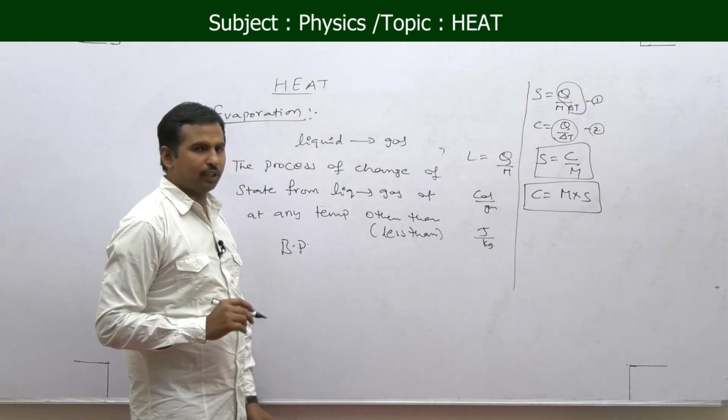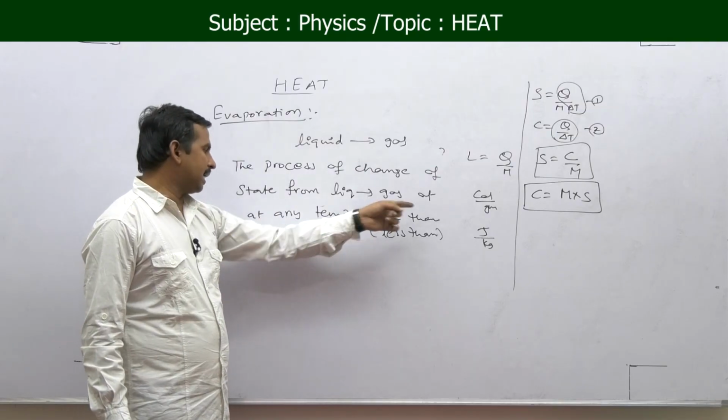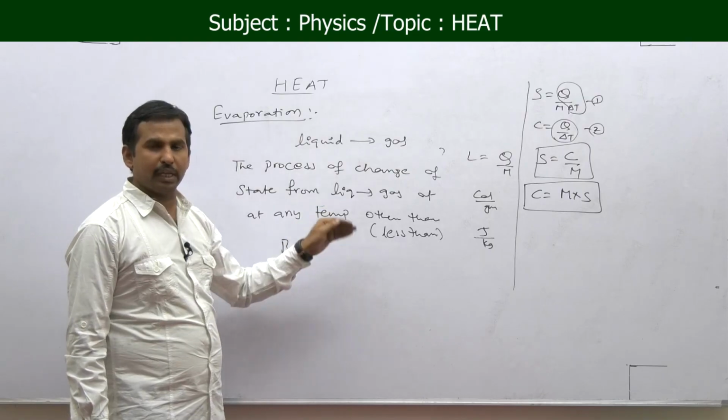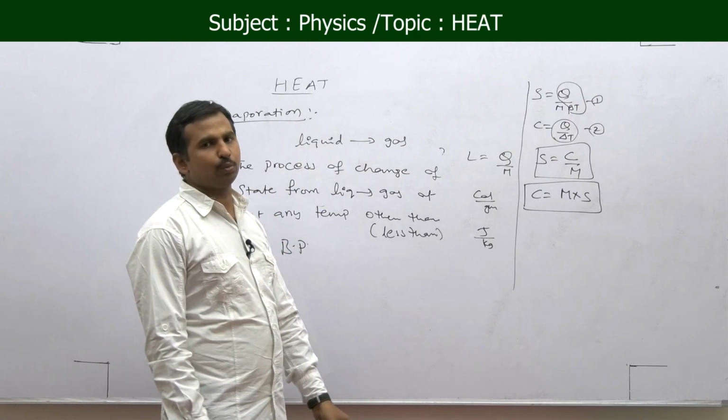Okay, this is a definition. The process of change of state from liquid to gas at any temperature other than the boiling point, which is less than the boiling point, this process we call evaporation.